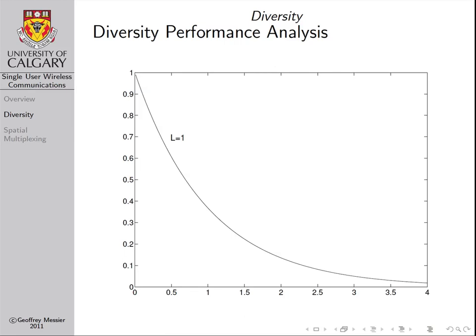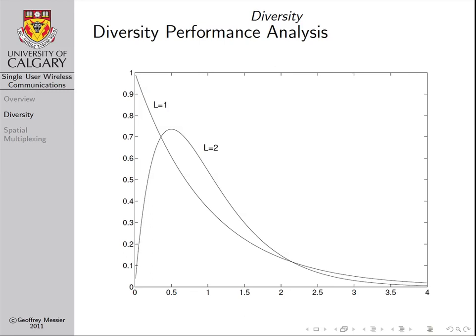So there's no diversity, it's a single flat Rayleigh fading path. And we saw in our original derivation that when you take the magnitude squared of a Rayleigh distribution, you get an exponential. And we see that's exactly what we have here. So if there's only one diversity path, we have an exponential distribution, and we've already plotted the bit error rate for that earlier on in the course module.